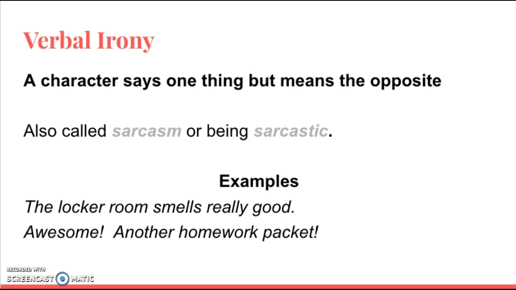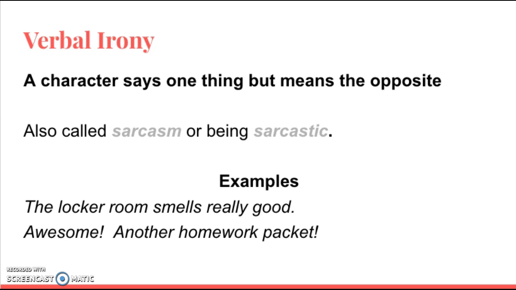An easy way to think of verbal irony is to think of it as sarcasm. The character is saying one thing, but the way that they say it implies that they mean the opposite. So, like, the locker room smells really good. Or, like, awesome, another homework packet.